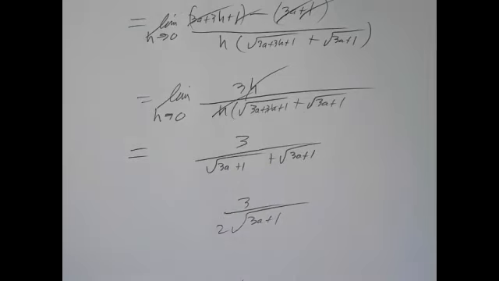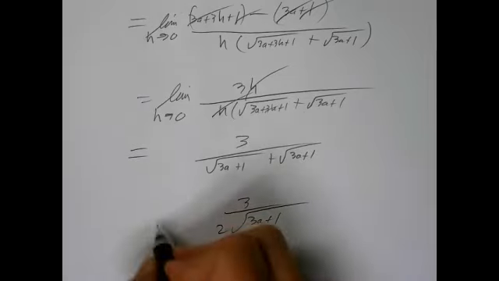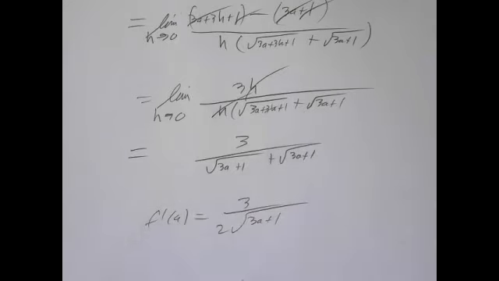All right, so there is f prime of a for that particular function. And what this can be used for is to find instantaneous values, instantaneous rates of change.